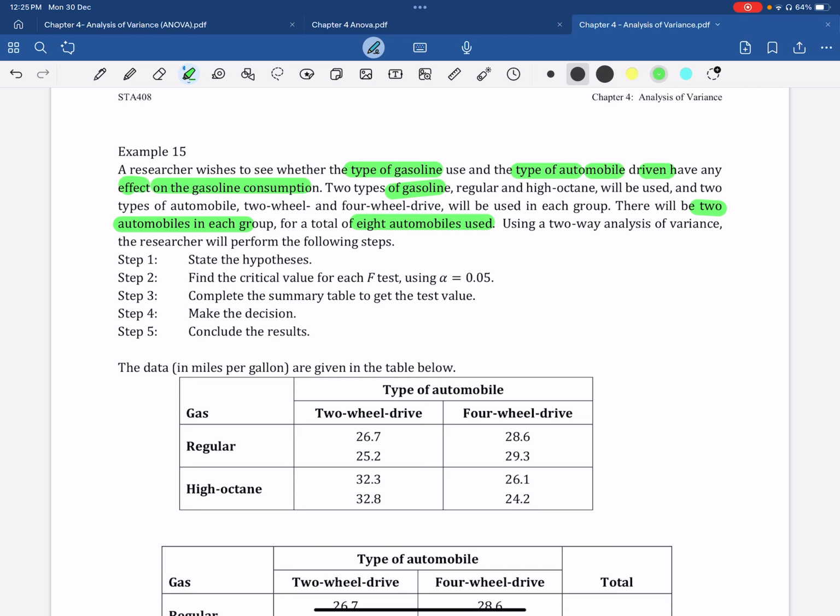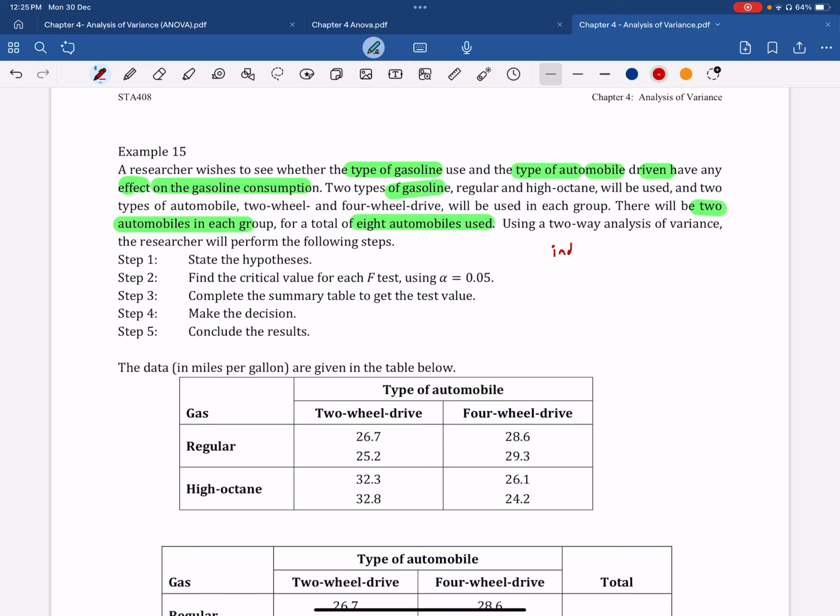Before we go for this particular hypothesis testing, let us determine what the independent variables are and what the dependent variable is.